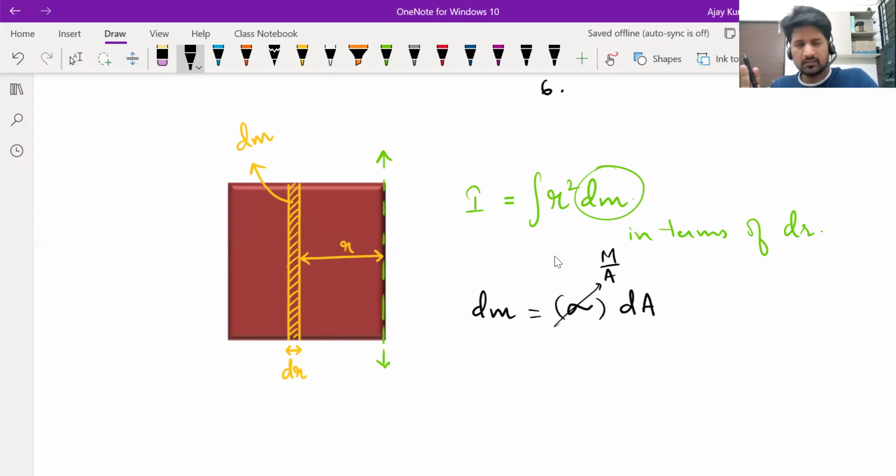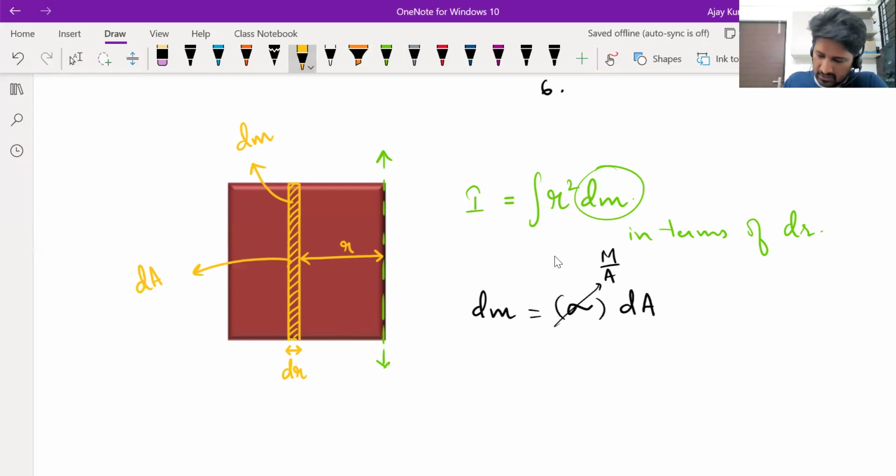This is very fundamental in whatever we are going to derive in all the chapters from now onwards. Taking an element, expressing its mass in terms of total mass of the system, all those things. Okay, fine. And you can see that the shaded region occupies some area. That area is dA. Can any of you tell me the shape of the area occupied by the shaded region?